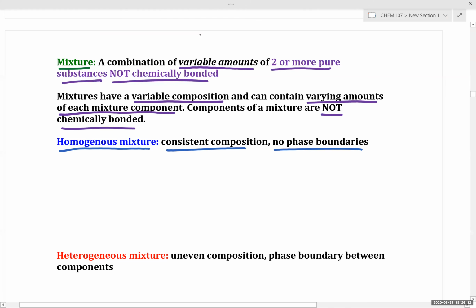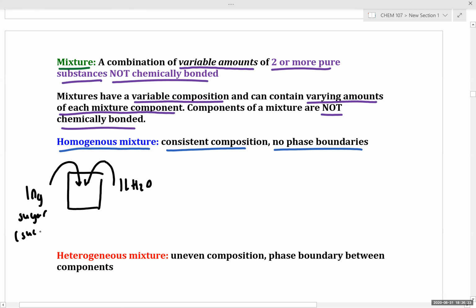So to show an example of this, let's suppose we have a cup. And in that cup, I'm going to put 10 grams of sugar. And I'm going to put 1 liter of water. So sugar, you can also describe it as sucrose, and it has a discrete chemical formula.